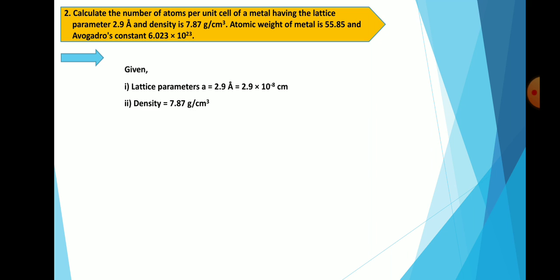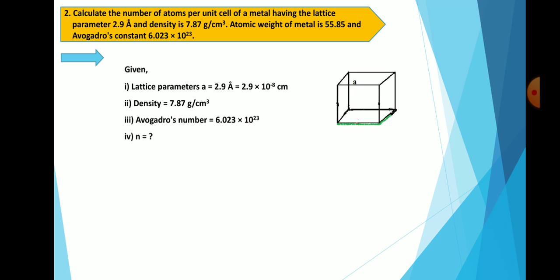Density is given, that is 7.87 gram per cm cube. Avogadro's number is given, that is 6.023 into 10 to the power 23. Now we have to find out the number of atoms per unit cell. In the same fashion, if you find the number of atoms per unit cell, we can easily explain which type of lattice or unit cell is present.